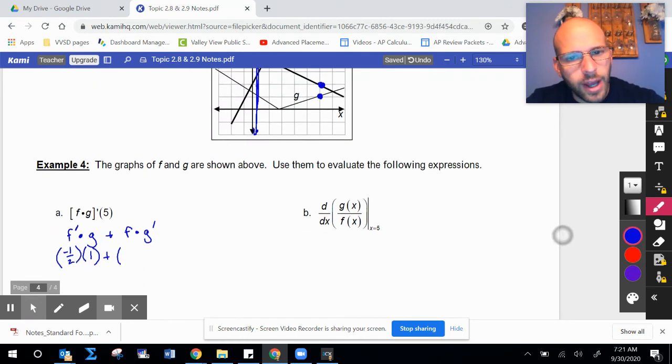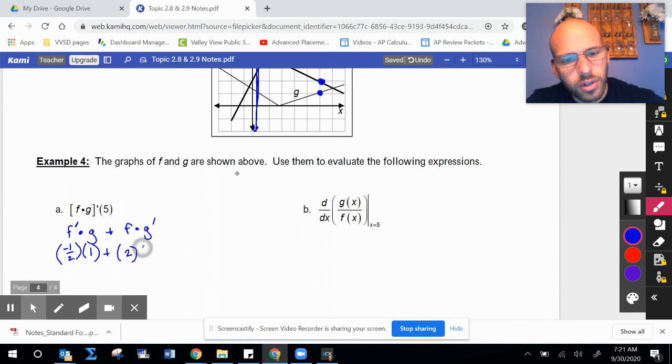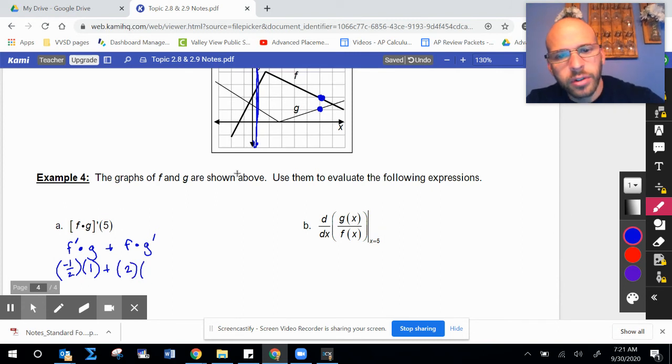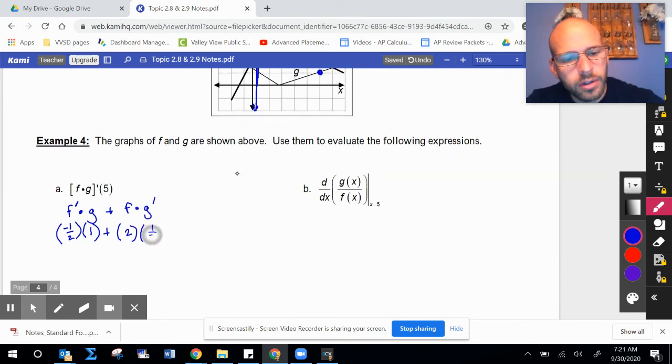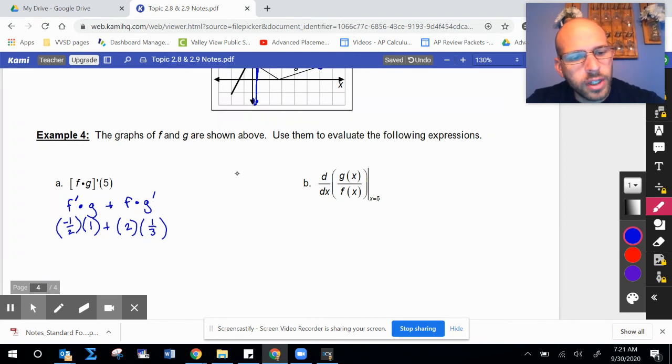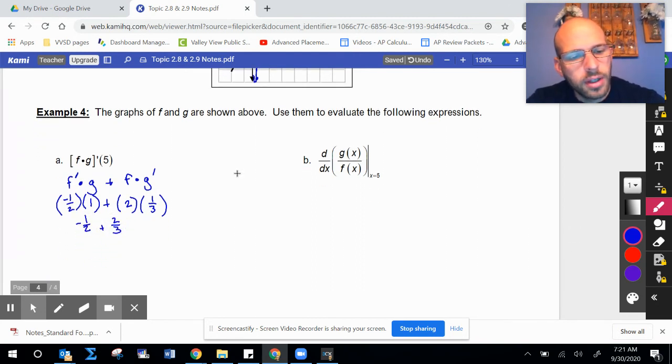And then f of 5 is 2. And then g prime looks like it's up 1 over 3. So I get a negative 1/2 plus 2/3. I'm going to get common denominators here. So this is a negative 3 over 6 plus 4 over 6 gives me a 1 over 6.